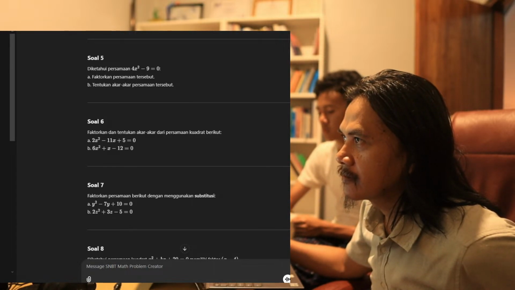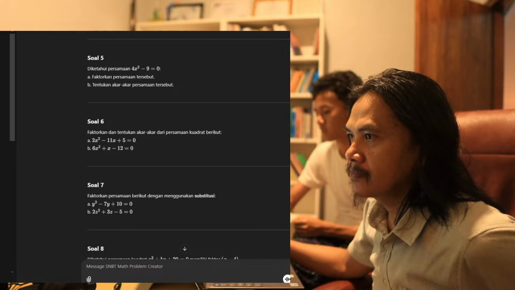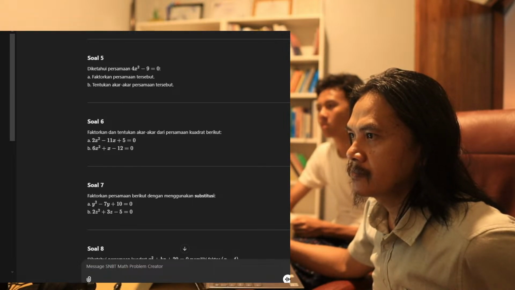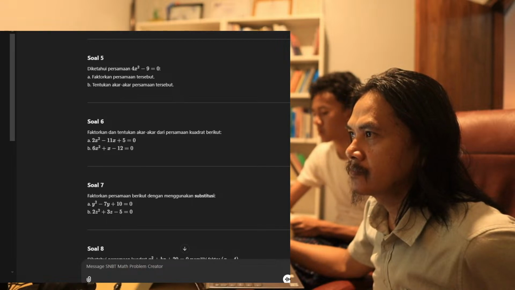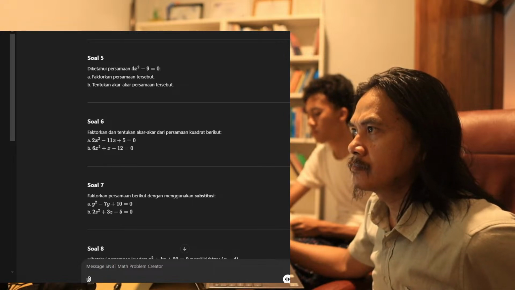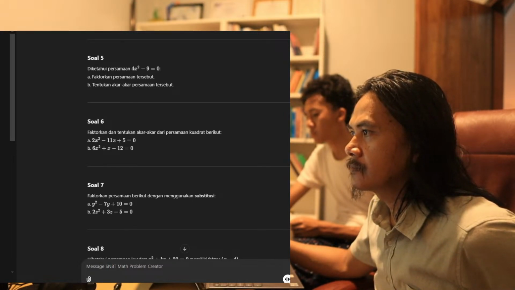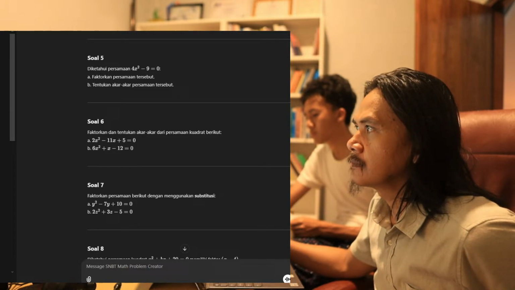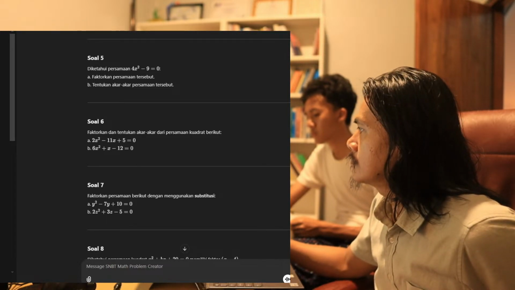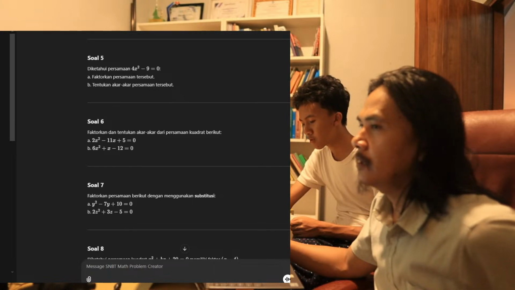So we have 2x squared minus 11x plus 5 equals 0. So number 6.2, 2x squared minus 11x plus 5. Because you usually do it very manually if you want to. Yeah, whatever.